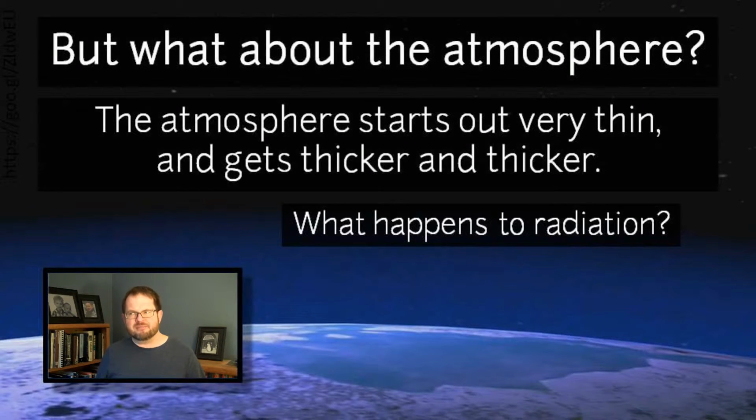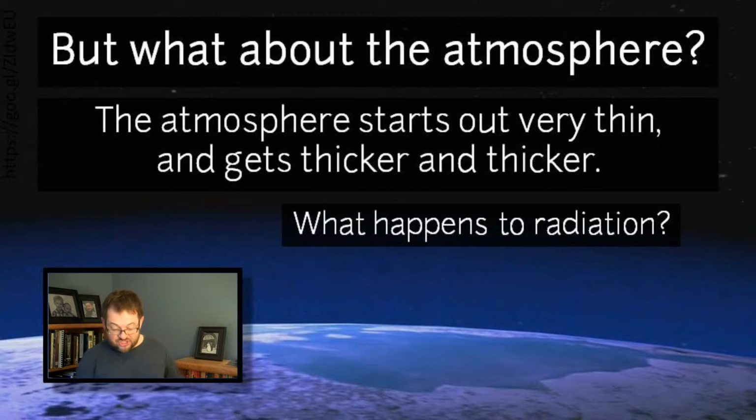Even if the monochromatic absorptivity of those gases is pretty high, a given photon of radiation from the sun probably can make it some distance through the atmosphere, just because those top layers aren't very thick. The likelihood that it hits any air molecules up high isn't all that good. Even if those air molecules are good at absorbing that radiation, there just aren't very many of them. That photon at that wavelength probably can get pretty far in.